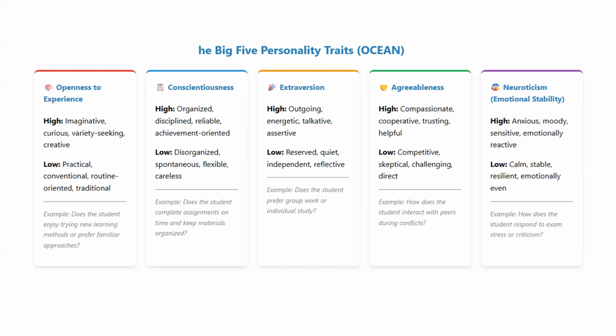And neuroticism, emotional stability. High means anxious, moody, sensitive, emotionally reactive. Low means calm, stable, resilient, emotionally even. Let's see with an example: how does the student respond to exam stress or criticism?